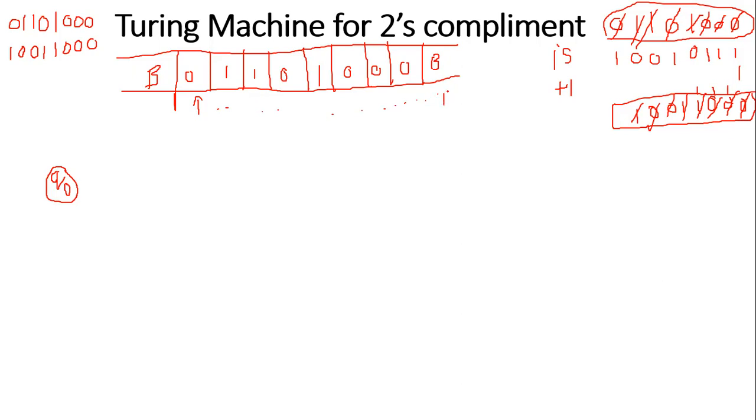Whether it is 0 or 1, you just keep moving to the right side without changing the values. 0 will remain 0 and 1 will remain 1. We keep moving to the right until we encounter the blank space. So what to do when we encounter the blank space?